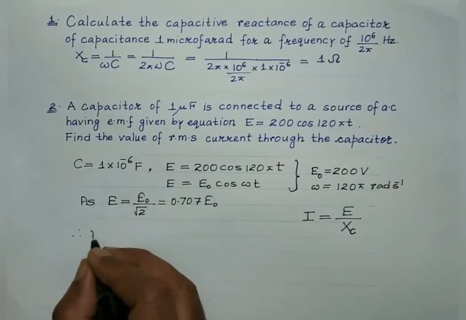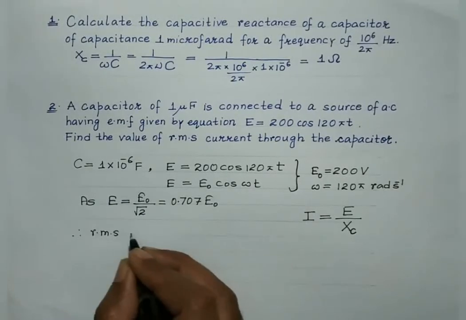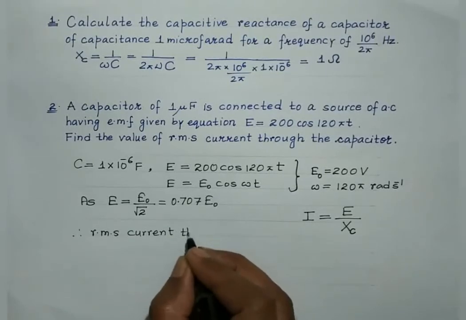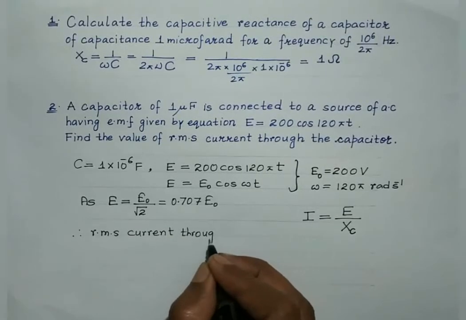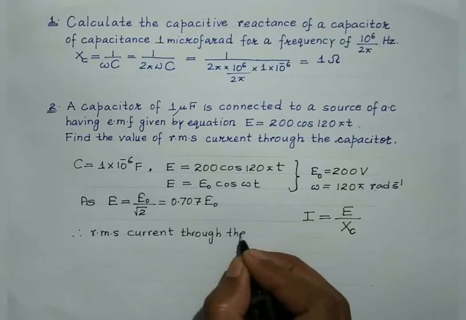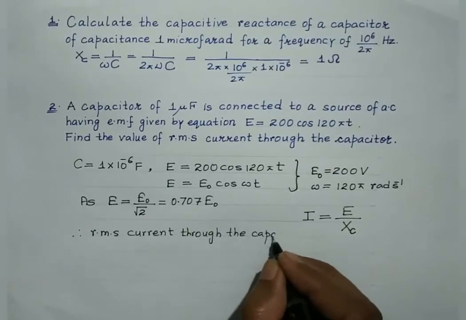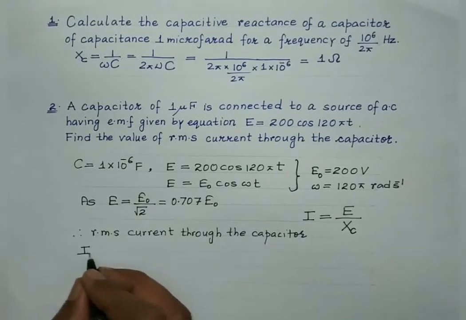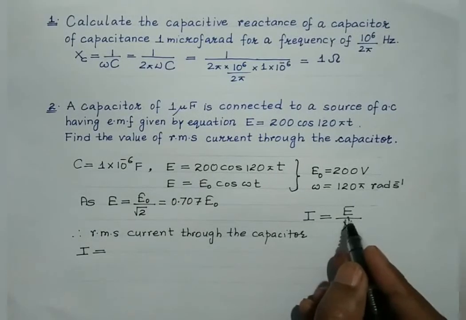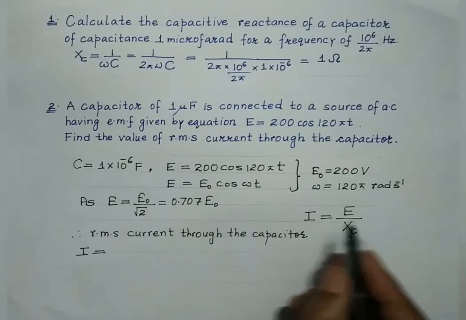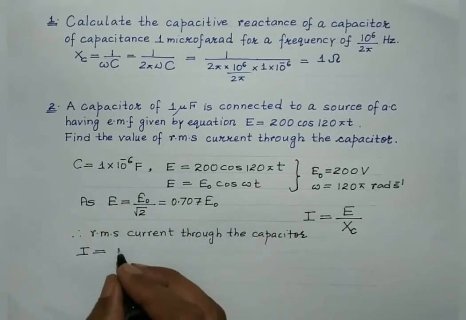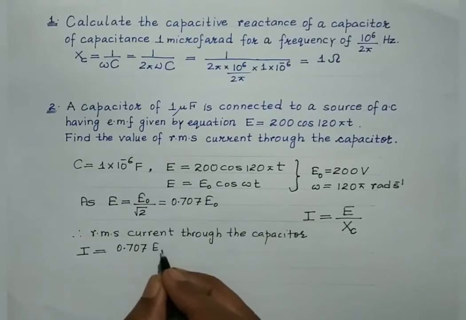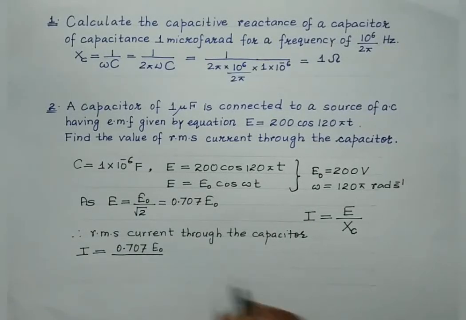Therefore, the RMS current through the capacitor is given by I equals E, where E is the RMS value of the EMF. It is given by E naught by root 2, that is 0.707 of E naught, divided by XC.